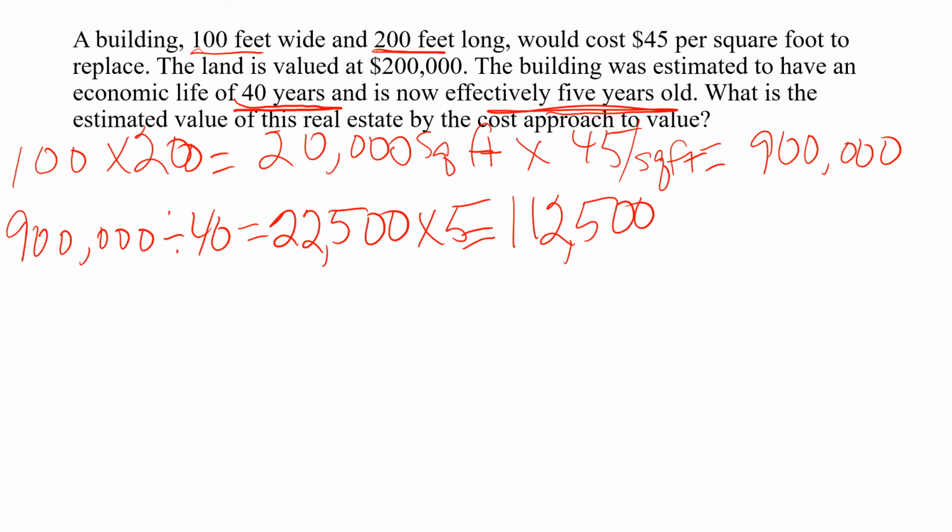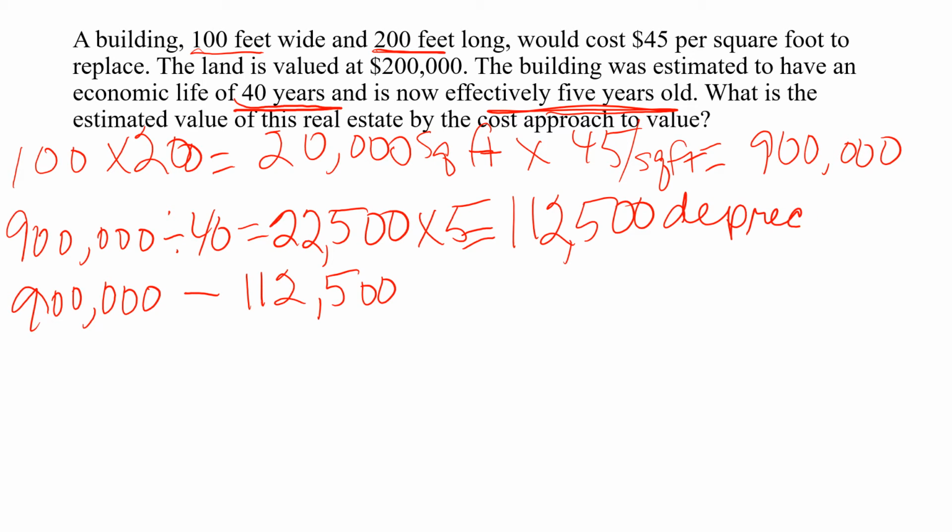So let's take our 900, subtract our depreciation, and that gives us 787,500 for the building.